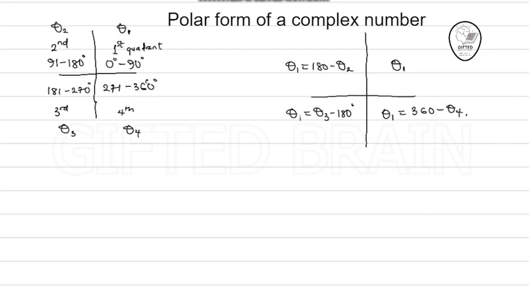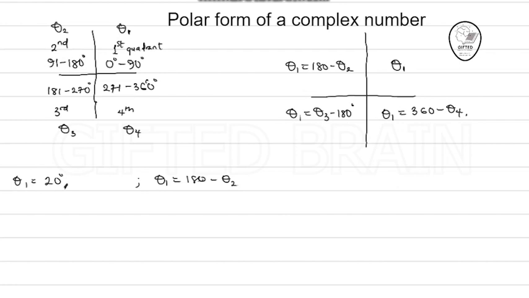Now, I could give you 20 degrees and ask you to convert it to the second, third, or fourth quadrant. First of all, I need to realize that this 20 degree is a theta 1 value, meaning it's a first quadrant angle. If I'm to convert to theta 2, I just write my relationship that theta 1 is equal to 180 minus theta 2.